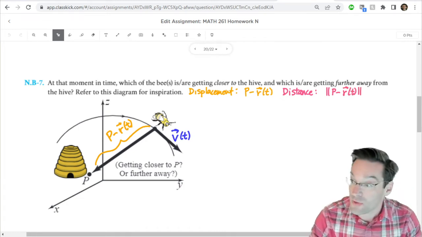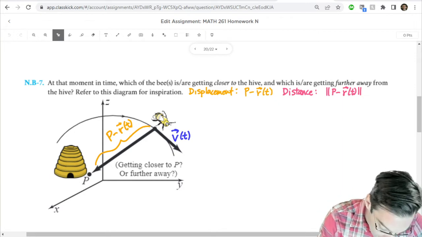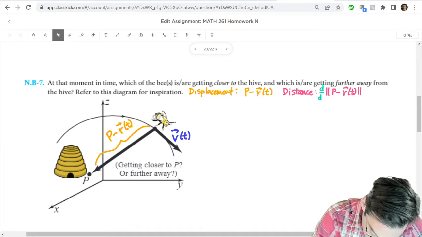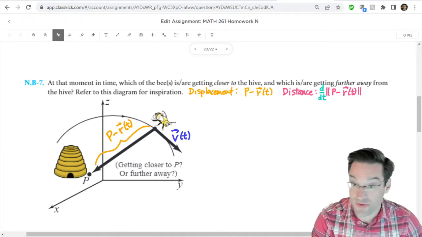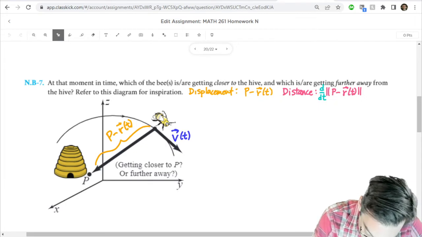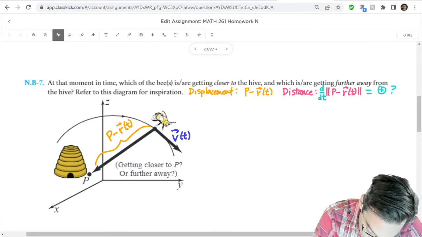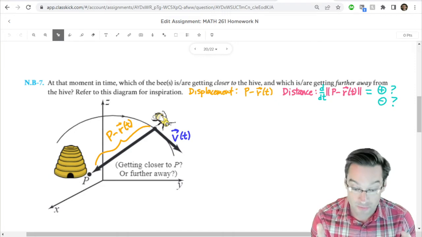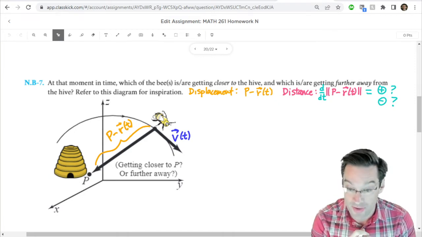We're really asking about that distance's time rate of change. The time derivative of this distance is what we're trying to figure out. Is it greater than 0 or is it less than 0? That's the ultimate shape that this problem takes.